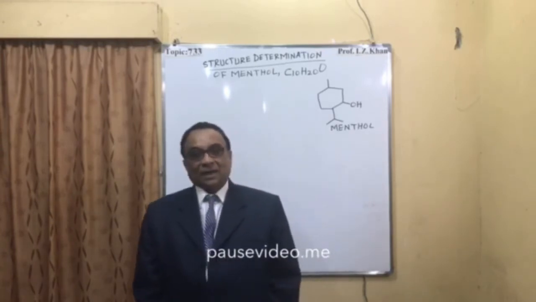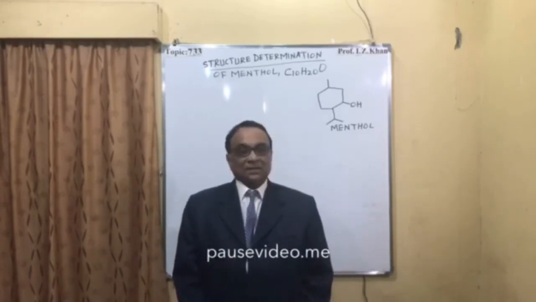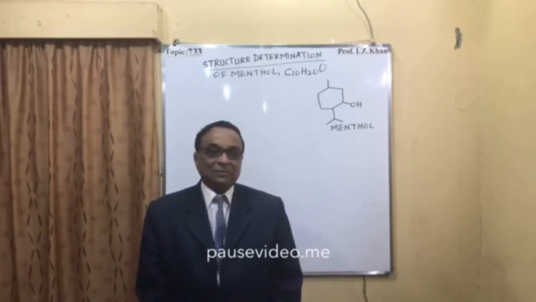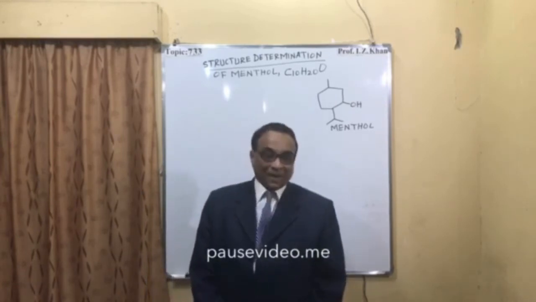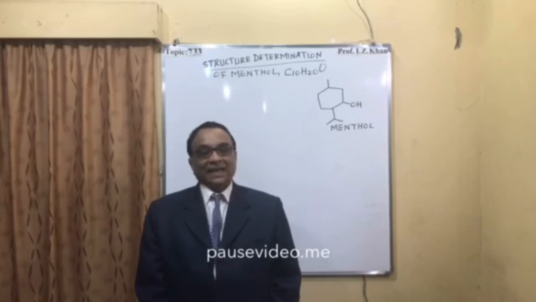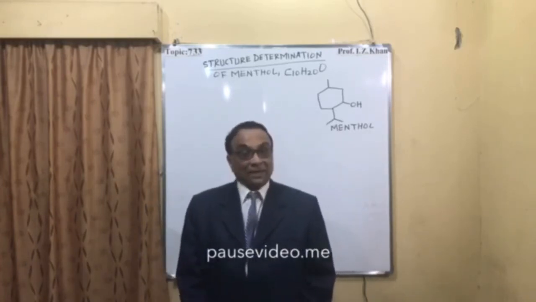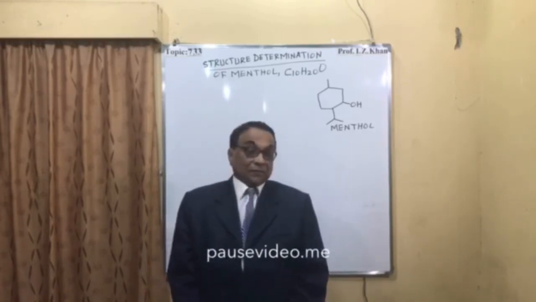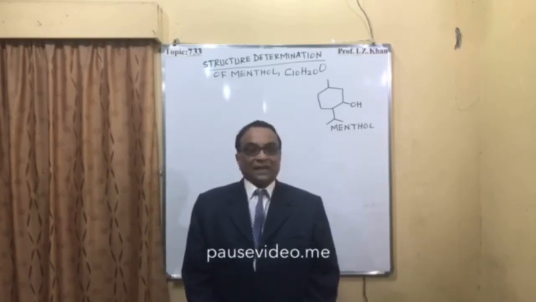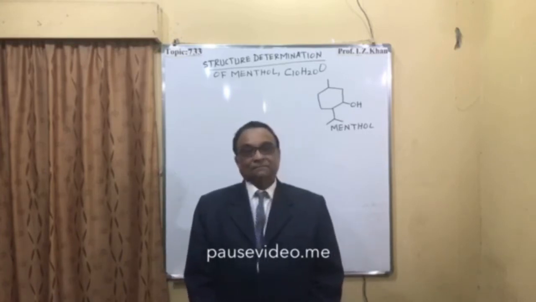When menthol is treated with potassium hydrogen sulfate, dehydration takes place, and we get menthene. When this menthene is treated with sulfur, we get the para-cymene skeleton. Getting the para-cymene skeleton confirms that menthol has a para-cymene skeleton.